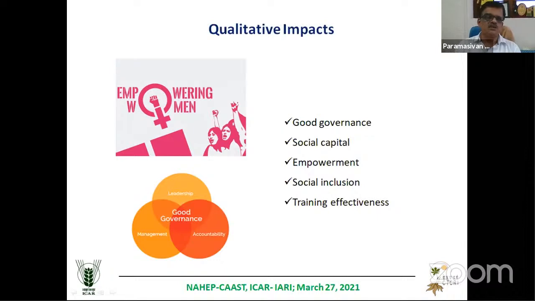Means you create an FPO, and the FPO's impact you have to study only after 5 years or 10 years. Because if the FPO has to sustain the success it has got this year, good governance is one of the aspects which will help them sustain the benefits of the intervention over a long period of time. Second one is social capital.